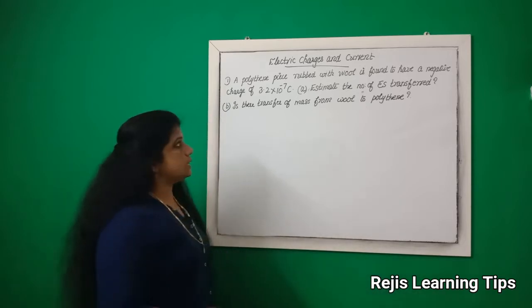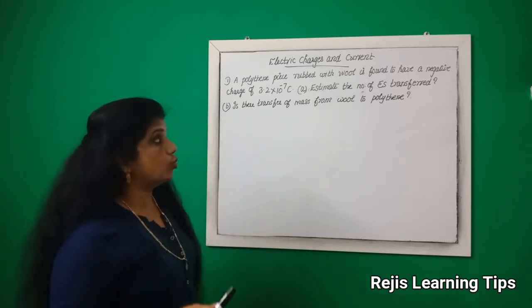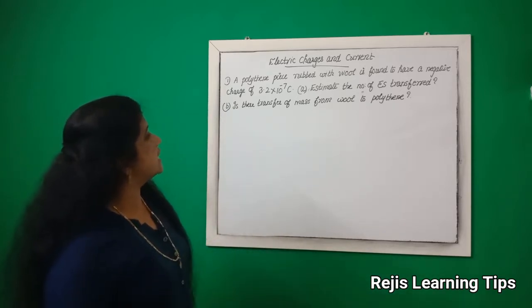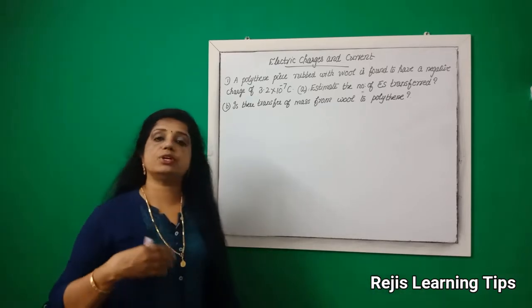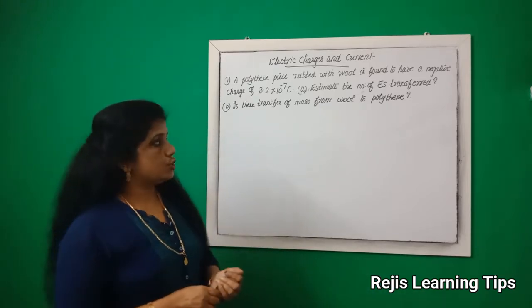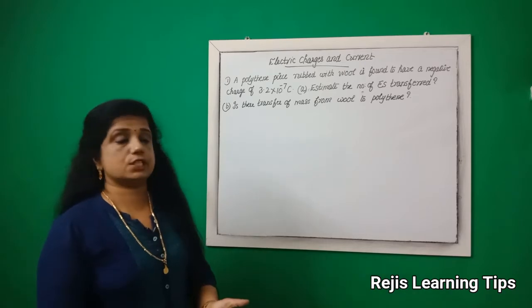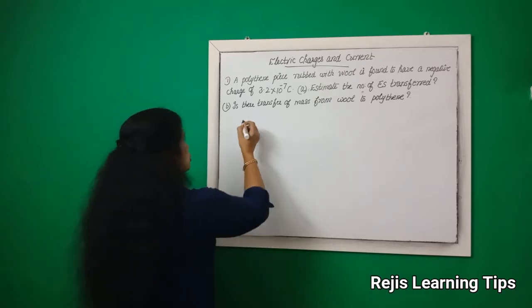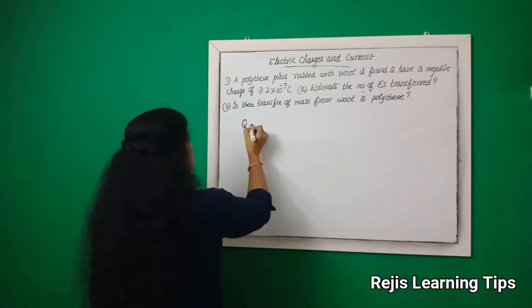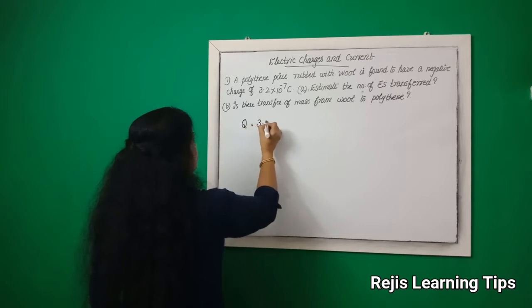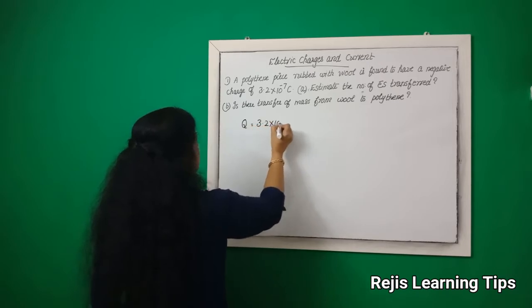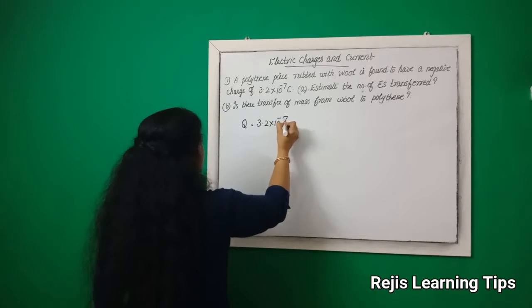Here, a polythene piece rubbed with wool is found to have a negative charge of 3.2 into 10 raised to minus 7 coulomb. So the charge Q is equal to 3.2 into 10 raised to minus 7 coulomb.